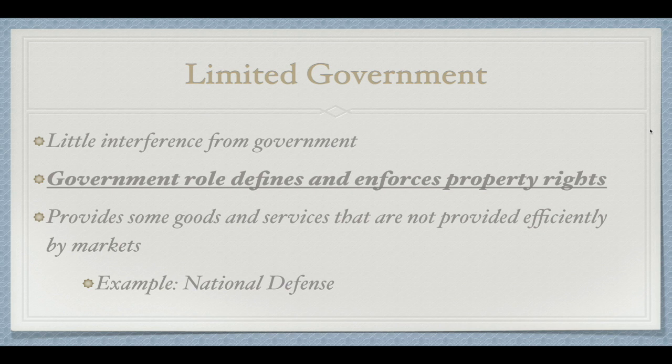The government in a market economy on occasion does provide some goods and services that are not provided efficiently by markets. One example of that is national defense. I don't really want Tom's national defense team overtaking our military. They're not going to provide the body armor that's necessary. They may not provide the best ammunition that's possible. Their goal is to make a profit.